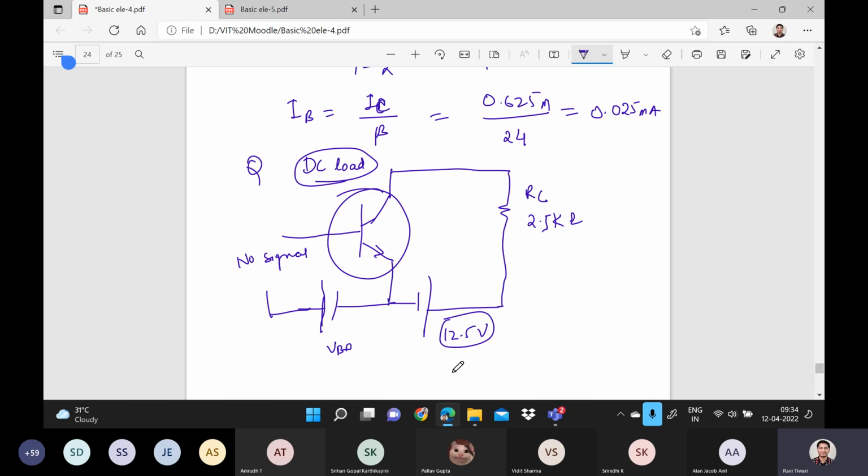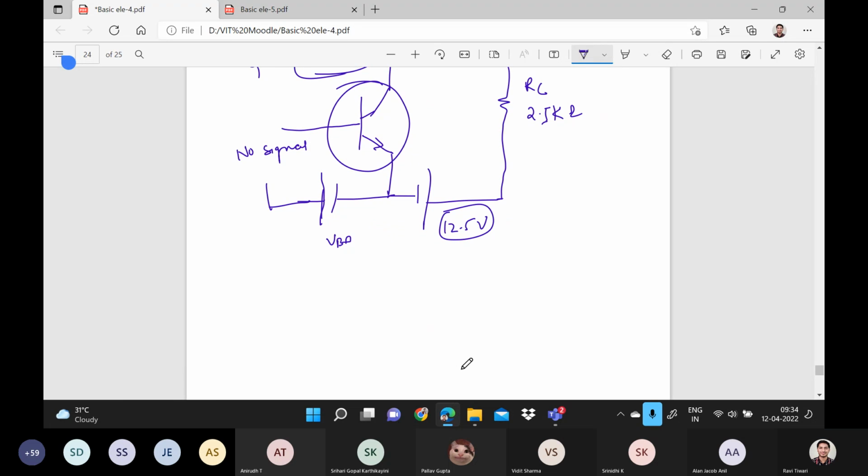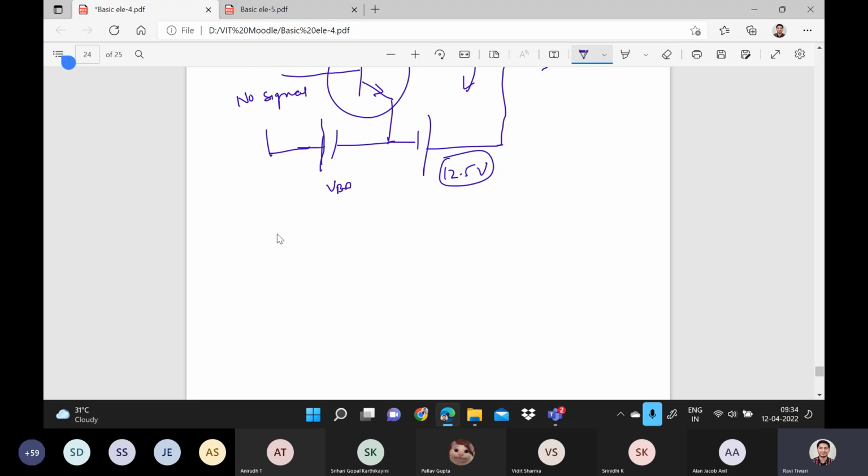So whenever we have to draw the DC load line, how will you do it? You just apply KVL here and write down the equation. What is that? Always VCC equals VCE plus ICRC. And for the DC load line, as I told you, you have to connect like this.